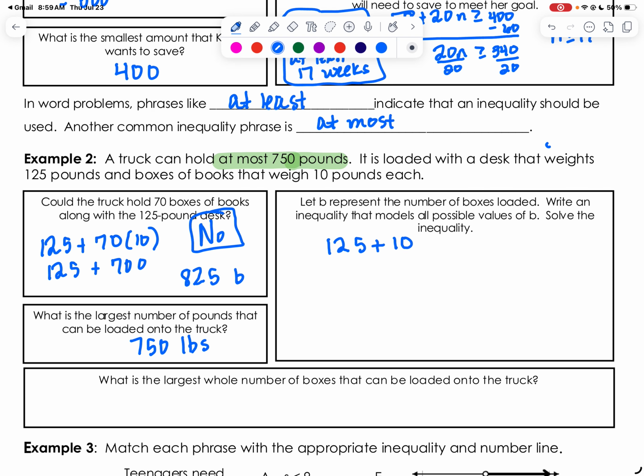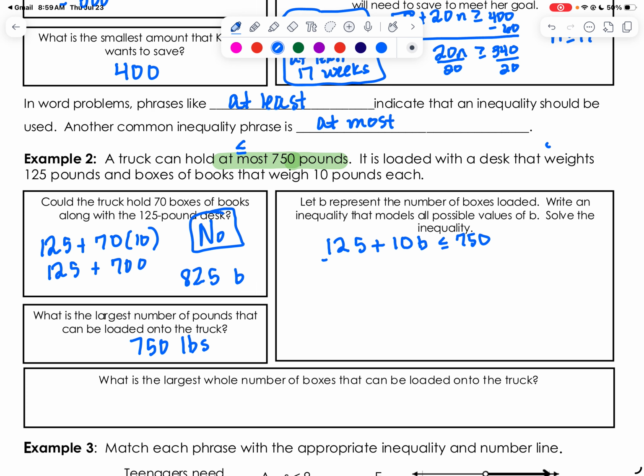So 10 times the number of boxes, and that value, 125 plus 10b, must be smaller than or equal to 750 pounds. So we're going to use the inequality less than or equal to. So whenever you see the at most, you're going to use the inequality less than or equal to.